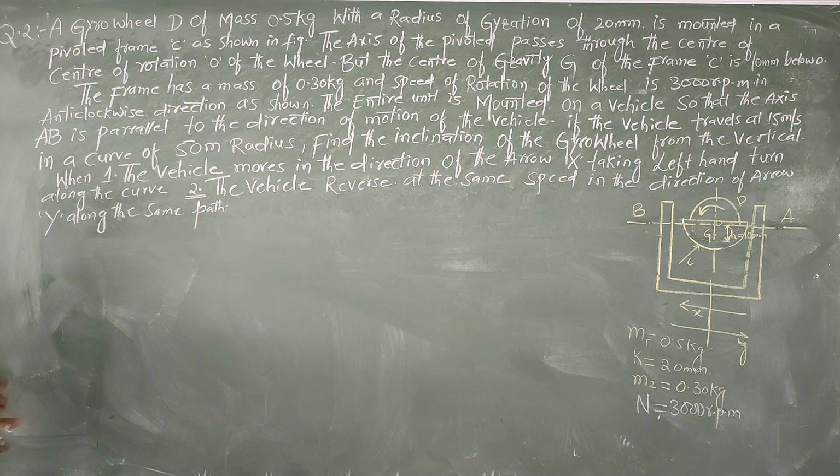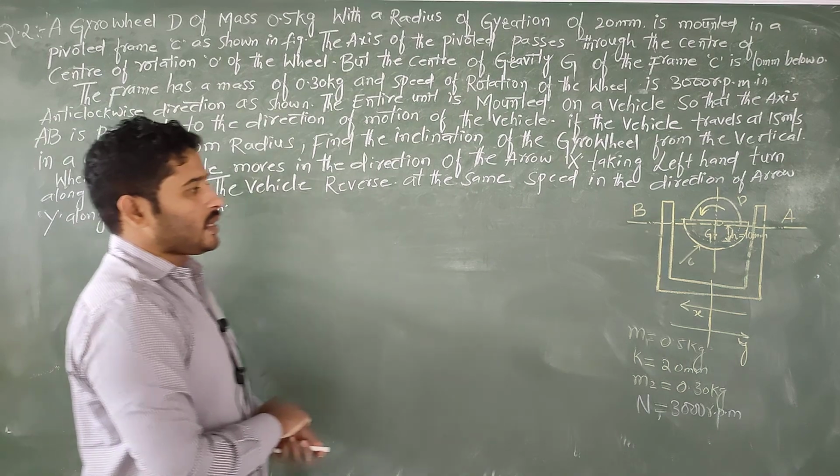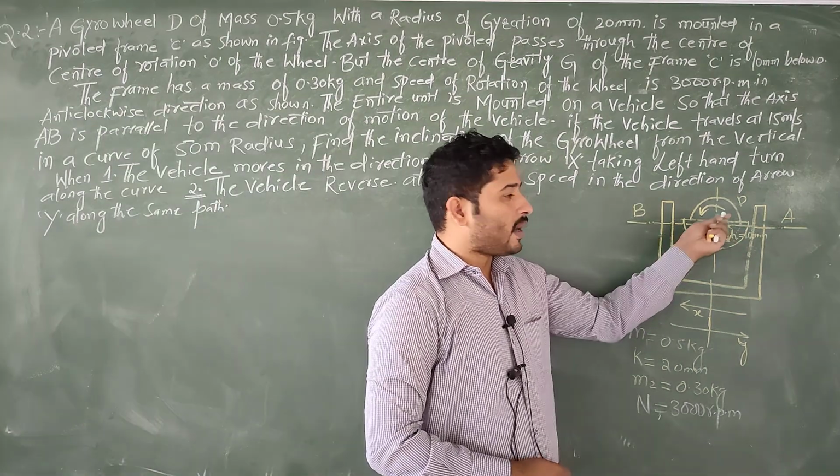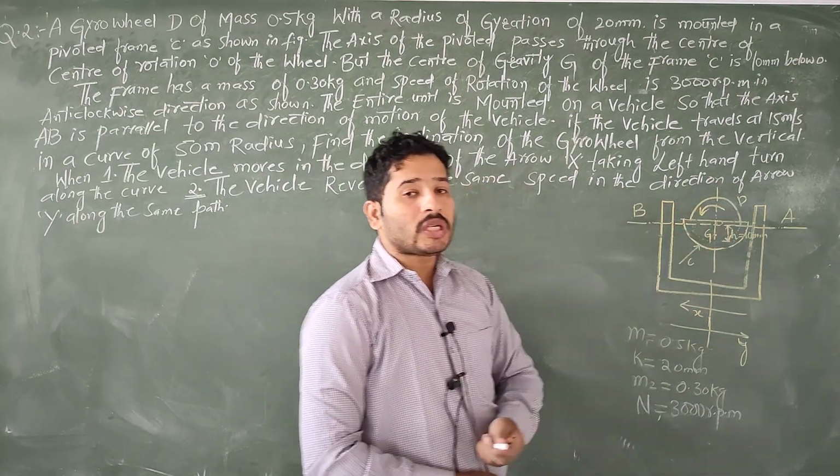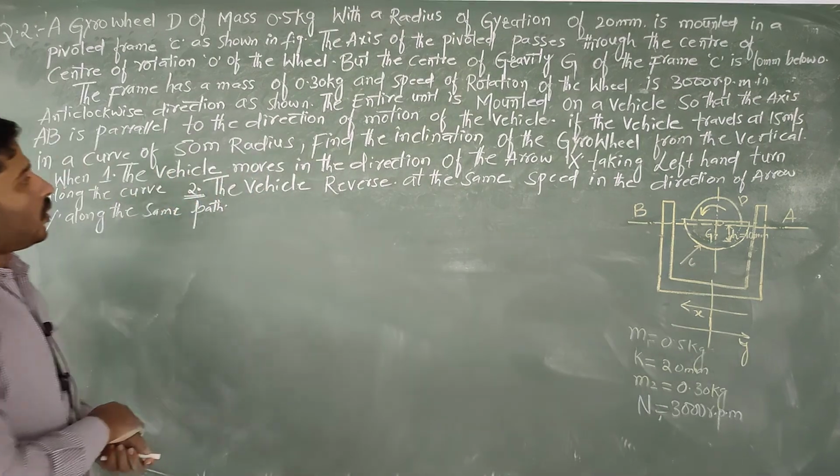The entire unit is mounted on a vehicle so that the axis AB is parallel to the direction of motion of the vehicle.